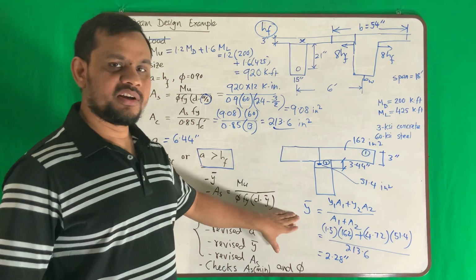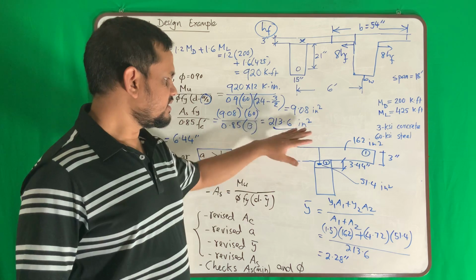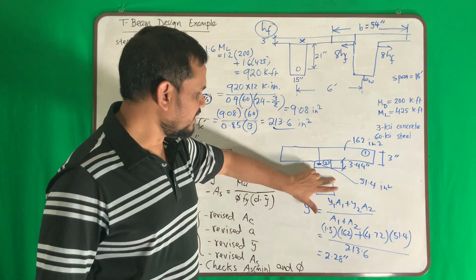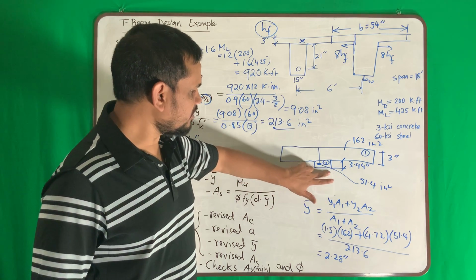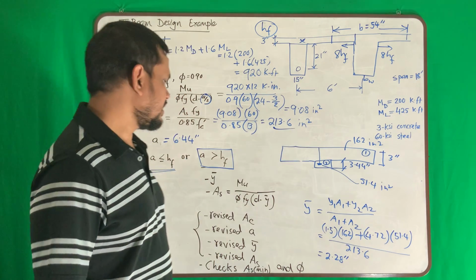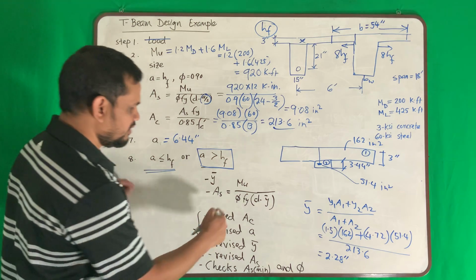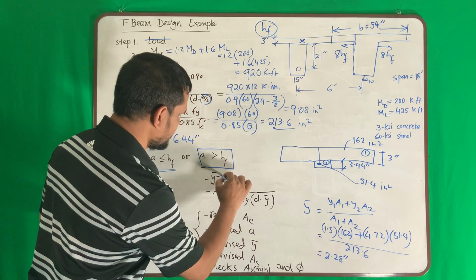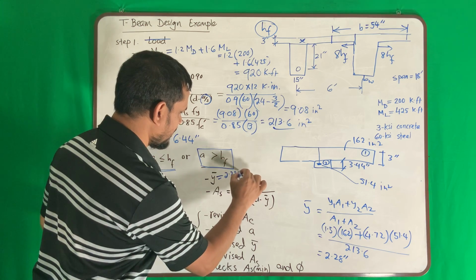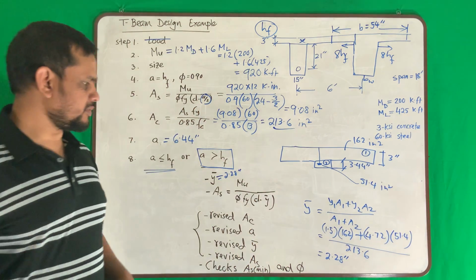Okay, so hopefully you understood this part. This portion is just the revision from your statics class. Centroid of this portion, simply centroid of this composite section. Once we get it, this portion is done, 2.28. Then we'll find a revised reinforcement.